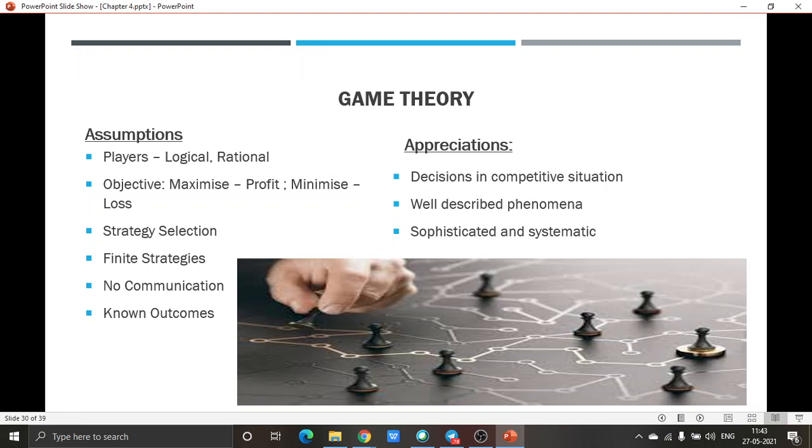Such frameworks would not be available through any other analytical techniques. The second is that it has the capacity of describing and explaining various phenomena in conflicting situations, such as collective bargaining and the formation of coalitions.